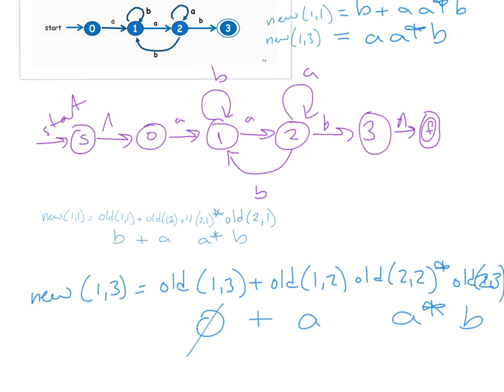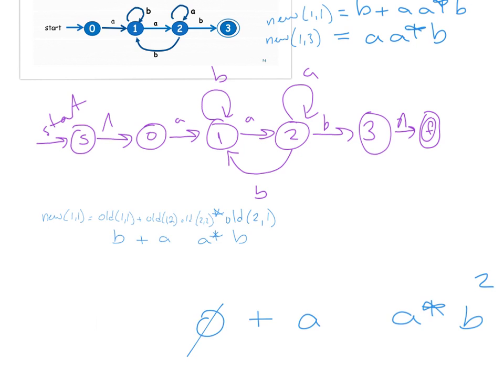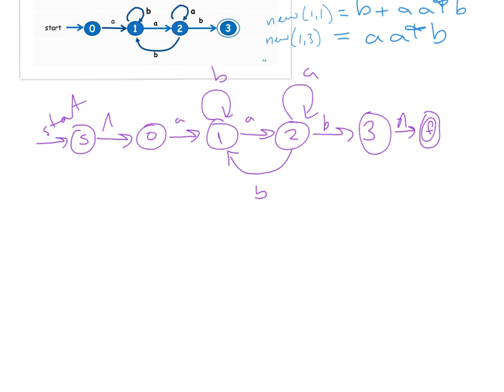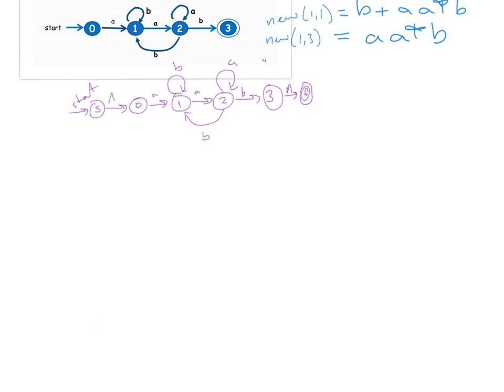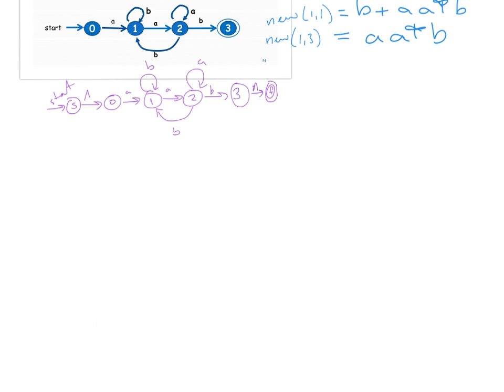Okay, so let's just get rid of all this stuff. There we go, now we have some room to work. So what we need to do is take this picture that we had here, and redraw it, except we're going to redraw it without state 2 and with these new transitions. So let's start by drawing it.